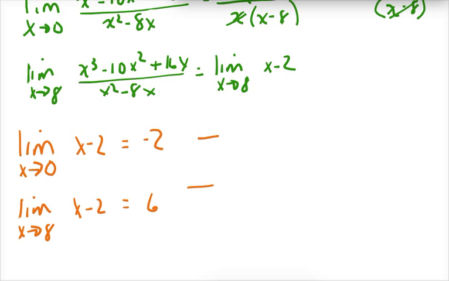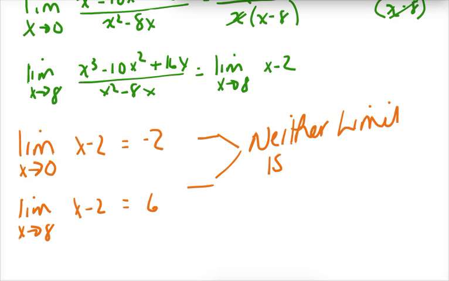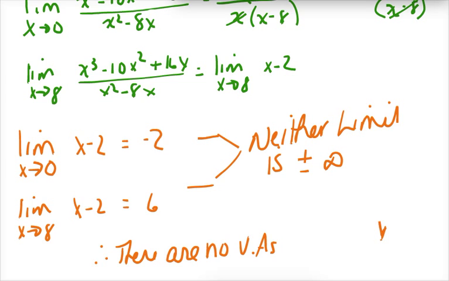Neither limit is an infinite limit, meaning neither of them go to plus or minus infinity. So there are no vertical asymptotes.